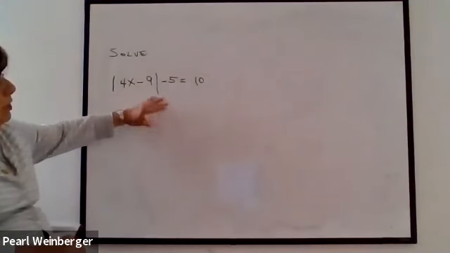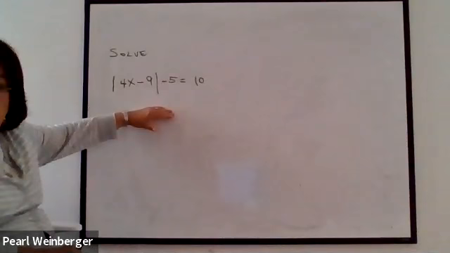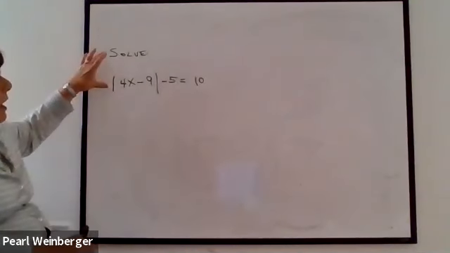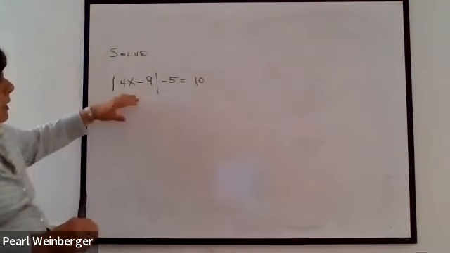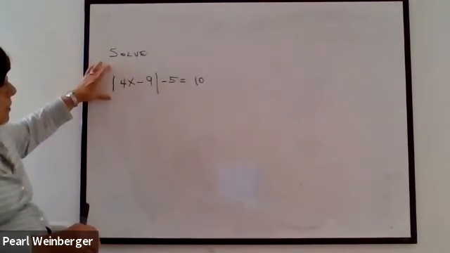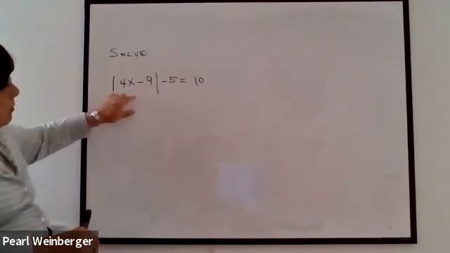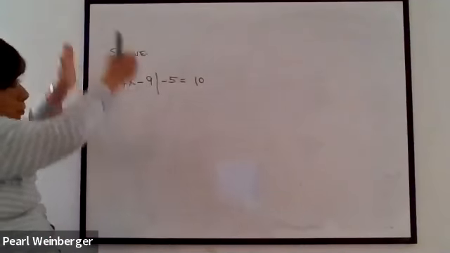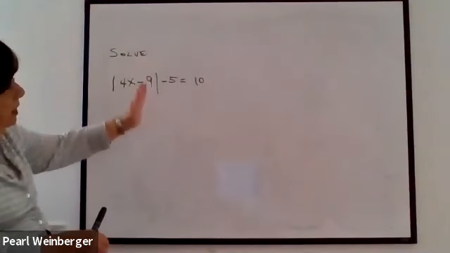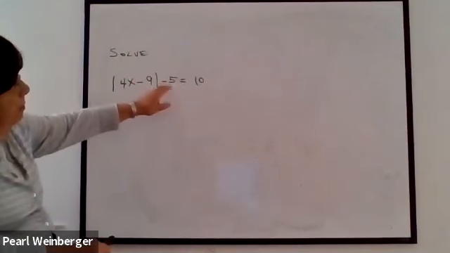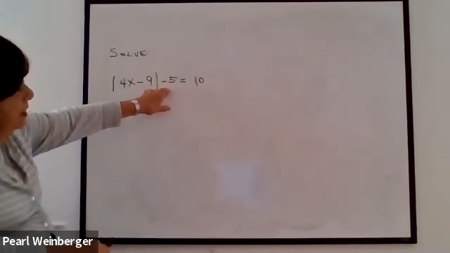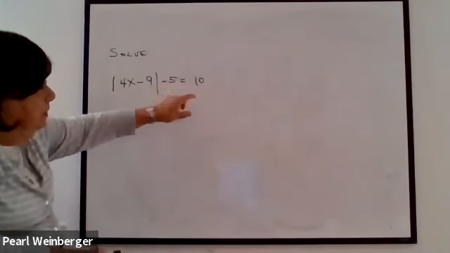Okay, so let's look at this problem. This problem is an absolute value equation. We're told that we have the absolute value of 4x minus 9. Remember, those two lines on either side indicate the absolute value, minus the 5, which is not inside the absolute value sign, equaling 10.